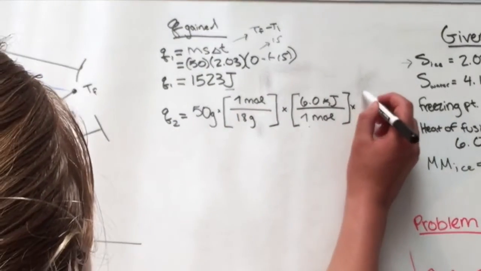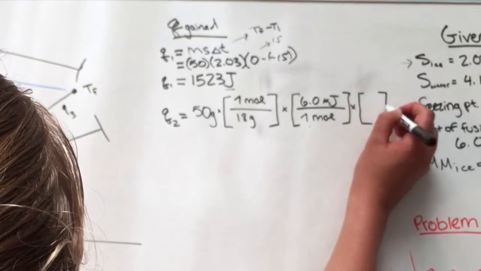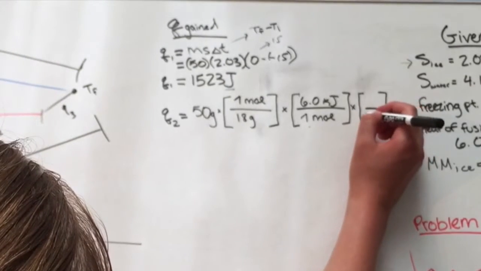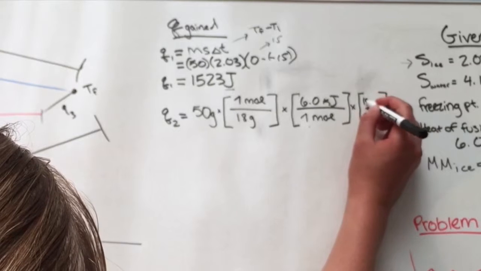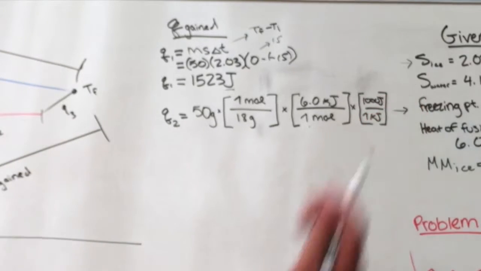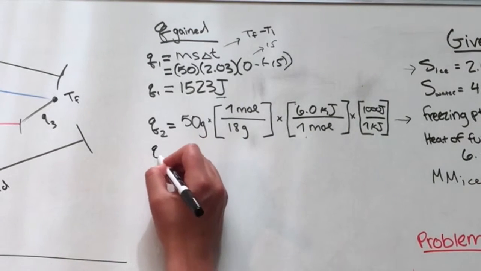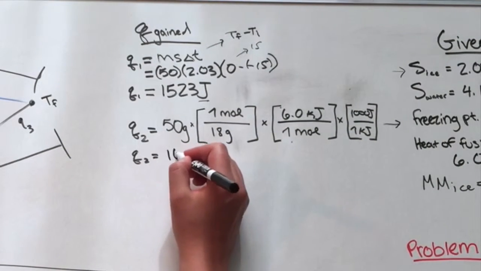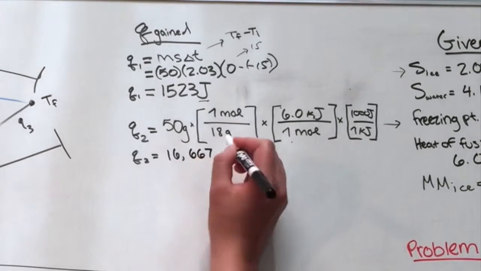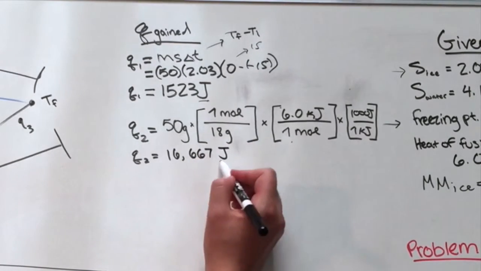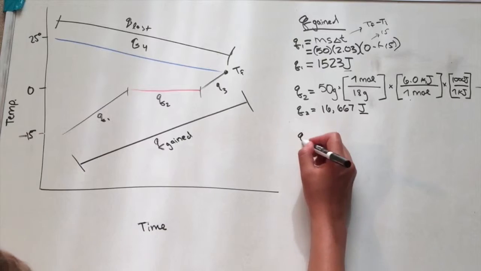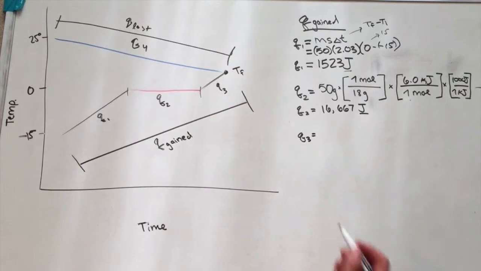Now we don't want kilojoules because all of the other Q's are going to give us joules. So we're going to multiply that by a factor of 1,000 joules per 1 kilojoule. So when we multiply that all out, we get that Q2 is equal to 16,667 joules.